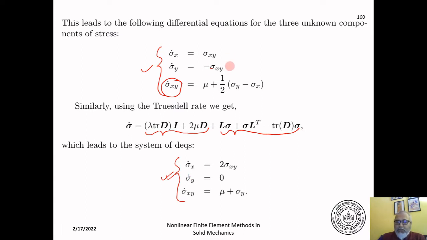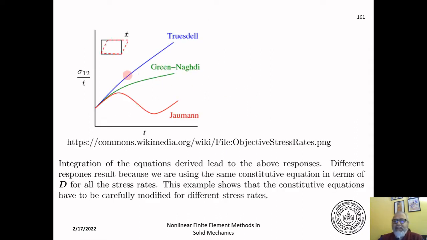I'm not going to solve this here, but I can show you the solutions. These are the solutions to sigma 12 or sigma xy by t, where t is the time, but we have also taken it to be the amount of simple shear that we have imparted. This is the solution for sigma xy for Truesdell. This is for Jaumann. I've also plotted the one for Green-Naghdi, and you can see that they are all different.